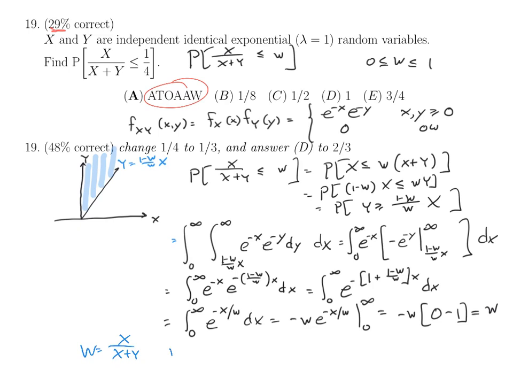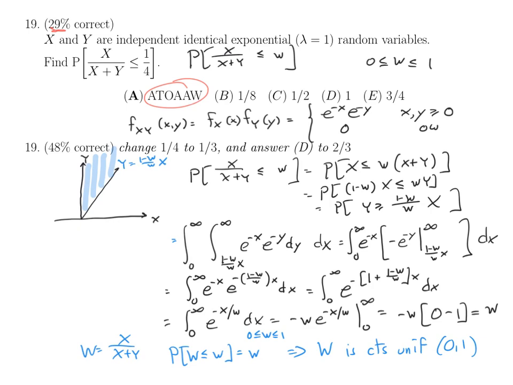And what we found is that the probability W is less than or equal to w is equal to w for w's between 0 and 1. As we learned, W is continuous uniform 0, 1.